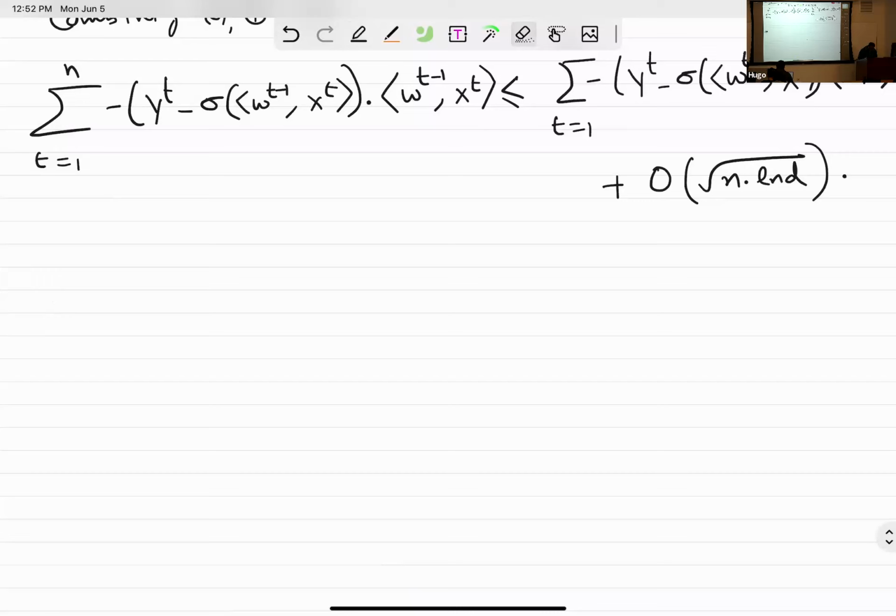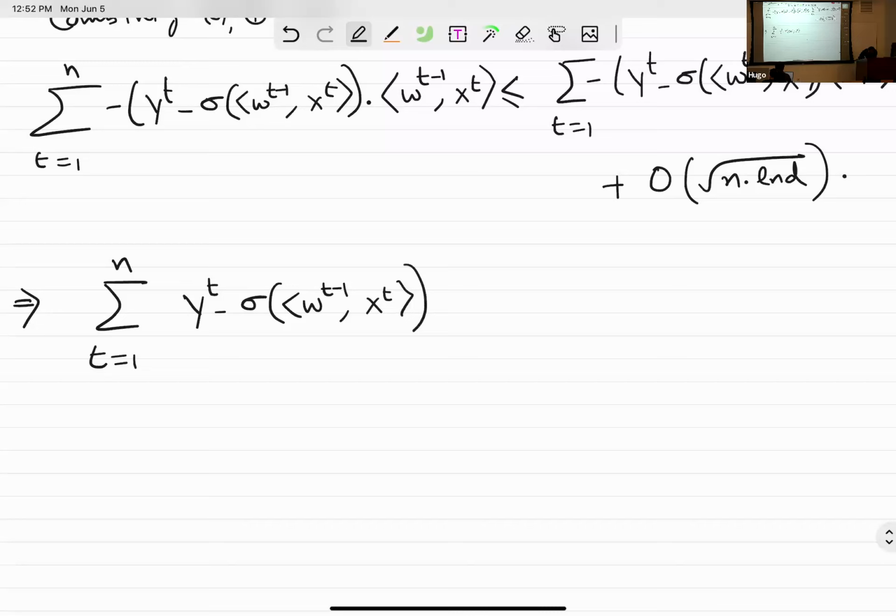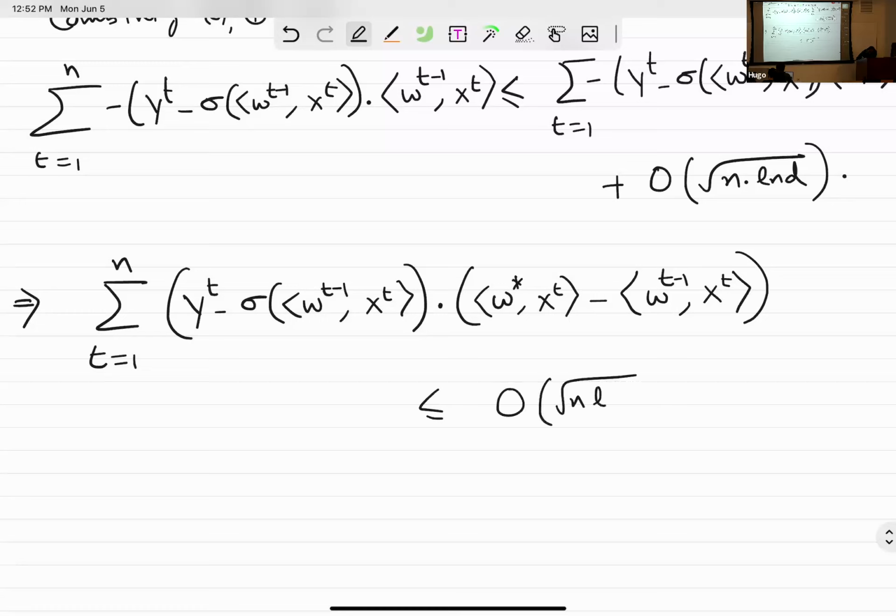Basically, this implies, I'm going to bring that right hand side term to the other side, and I get this.